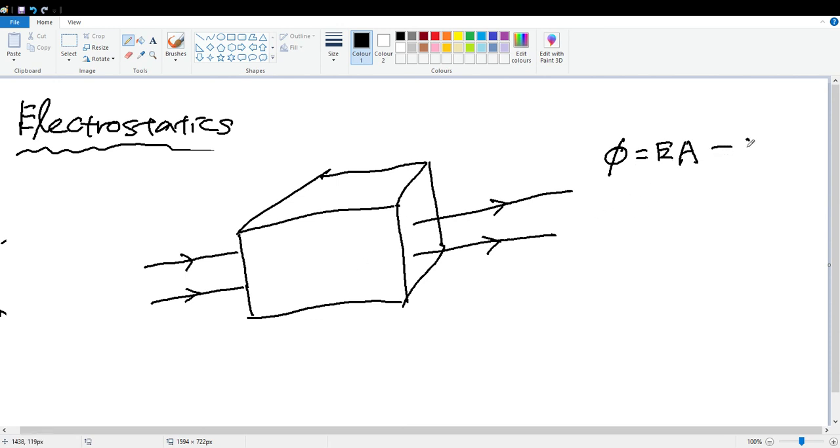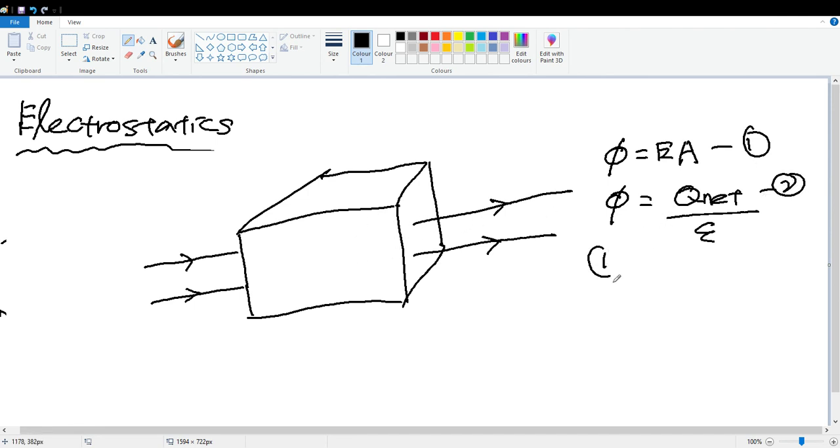Since the electric field is perpendicular to the surface, the electric flux is maximum. As for the other expression, Q net, which is the net charge, divided by the permittivity epsilon.